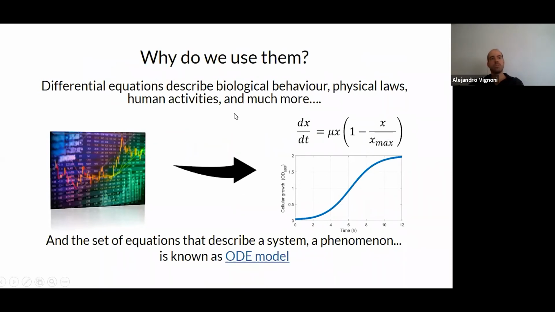And when we solve this equation, we get this nice curve here, and that's it. So when we have a set of differential equations that describe a system or a phenomenon, that is what is known as an ODE model, that we will talk a lot about after here.